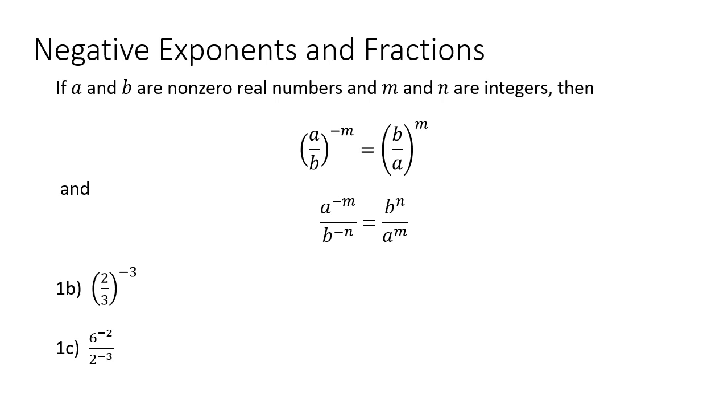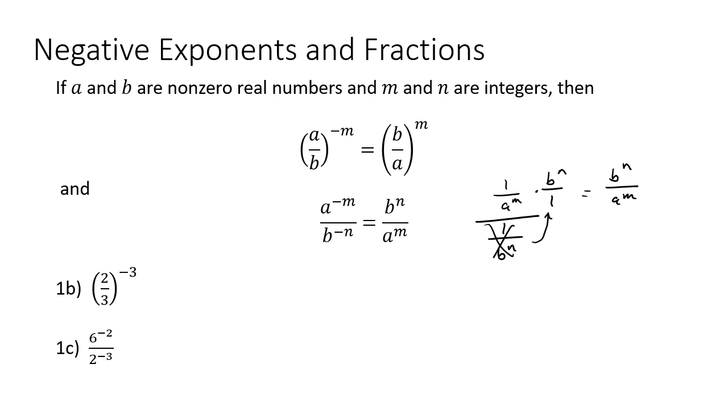So you don't have to break that down into two different fractions, 1 over a to the m divided by 1 over b to the n. And in fact, you can even see this by simplifying this. Dividing by the fraction is the same as multiplying by the reciprocal, and you can see that you get the same result.